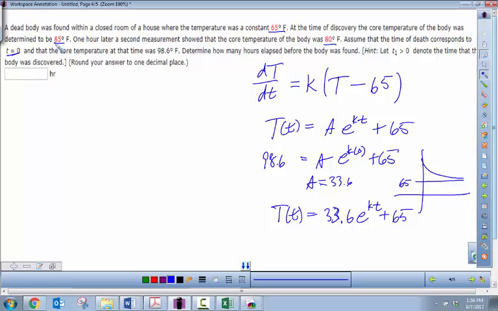Now we have two other pieces of information: 85 degrees when it was discovered, and they want us to let t sub 1 be the point when it was discovered. So we're going to have (t sub 1, 85), and then 1 hour later, t sub 1 plus 1, we have 80.